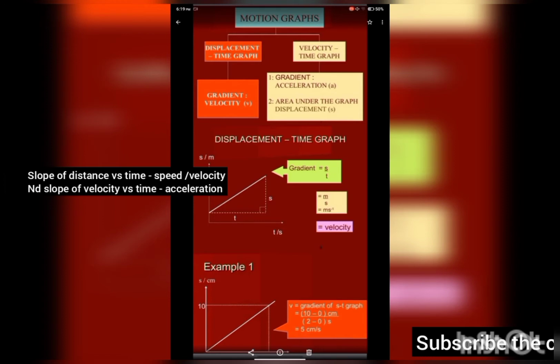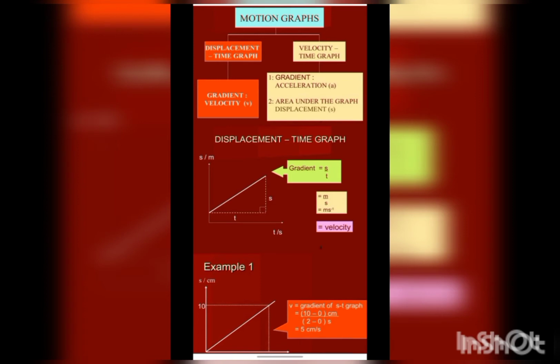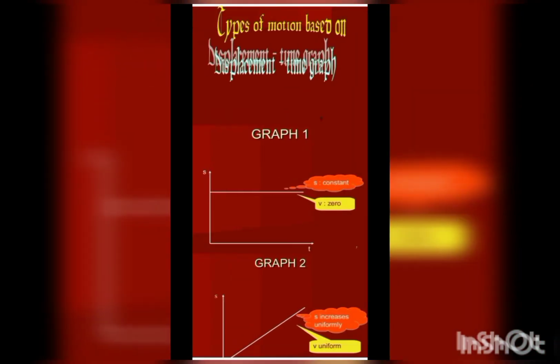In a displacement time graph, slope is equal to displacement upon time, which is meter per second, which is equal to velocity. If displacement is constant, then the velocity is zero. In the second graph, when a body moves with uniform speed, it will travel equal distance in equal intervals of time. It means the distance traveled is directly proportional to time.